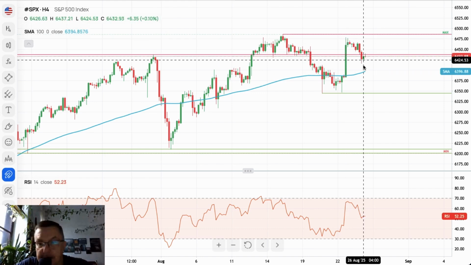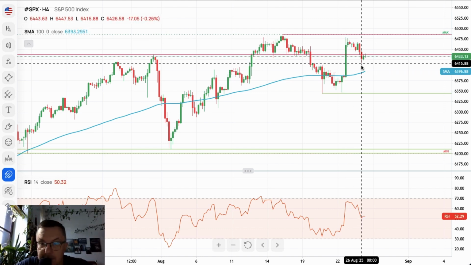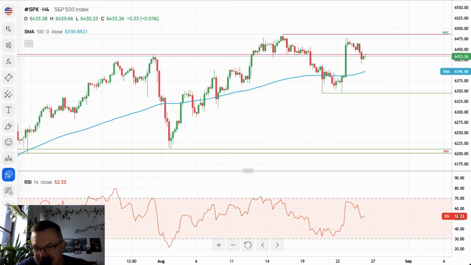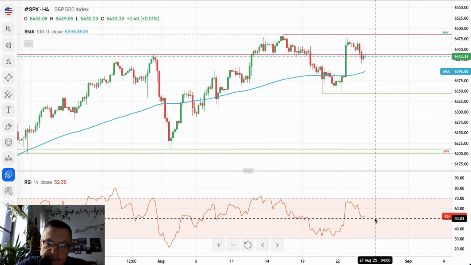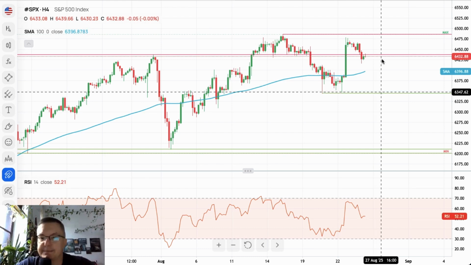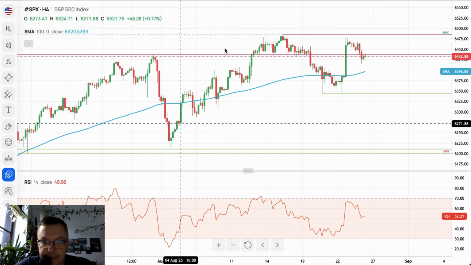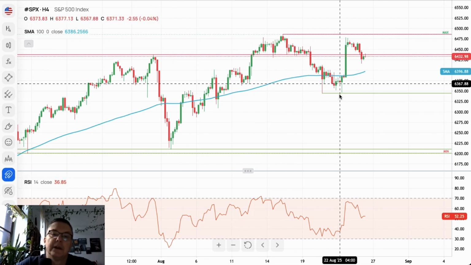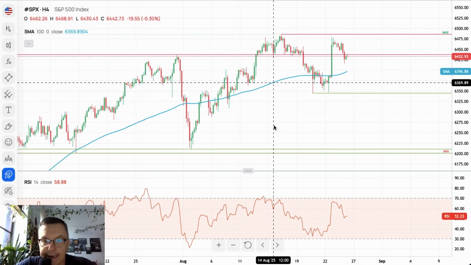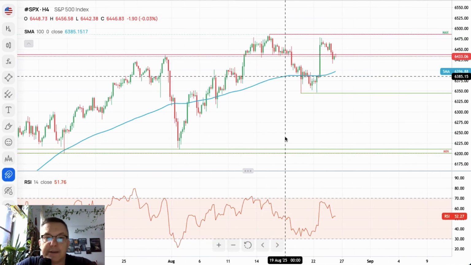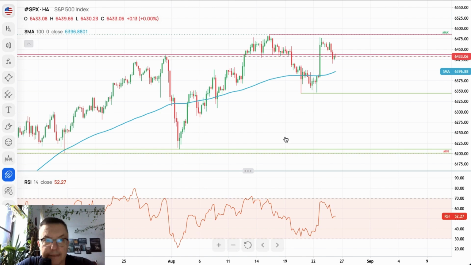A little bit of downside pullback towards 6,415. Momentum is still positive, barely positive, 52 points. Nevertheless, a very nice spike to the upside. It looks like the market is positioning itself for another rally. We still got the consecutive sequence of higher highs and higher lows on S&P 500, so the outlook remains quite bullish.